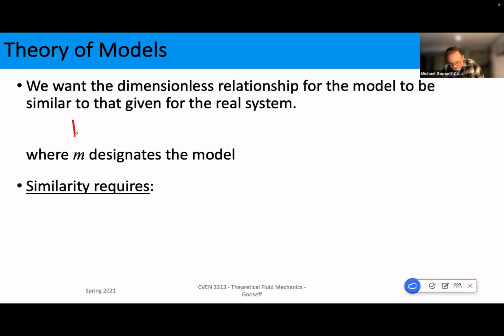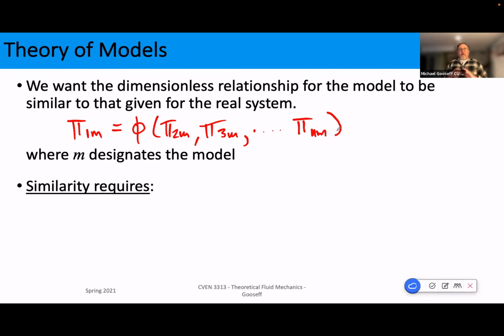So we would say perhaps pi 1m, where m designates the model, is equal to some phi of pi 2m, pi 3m, etc., all the way to pi nm, right? So we would have this set of pi terms, and they would go out as far as they need to based on k minus r. But we expect that the model is somehow going to be predictive of the real system.